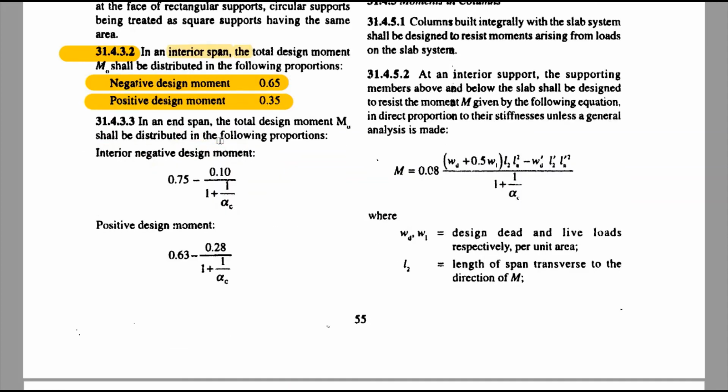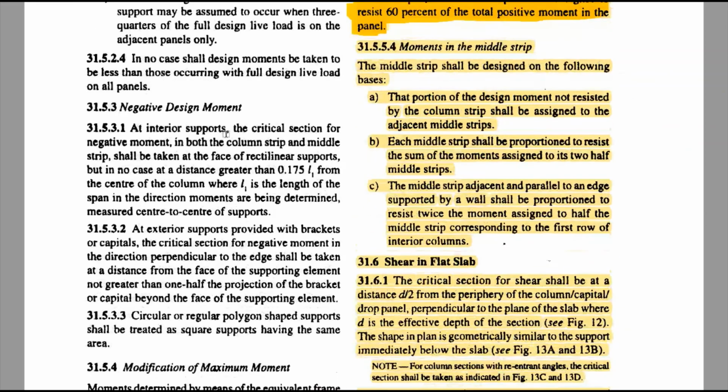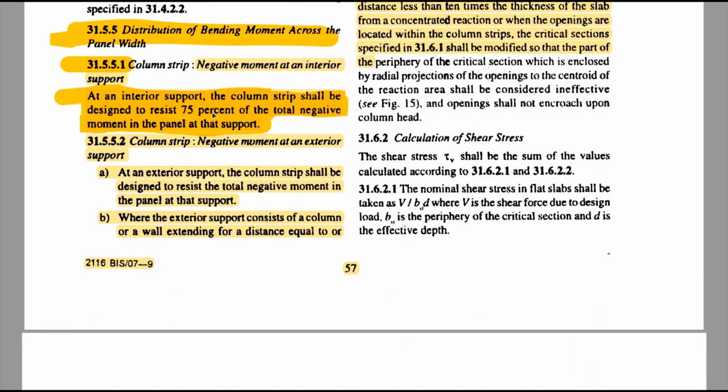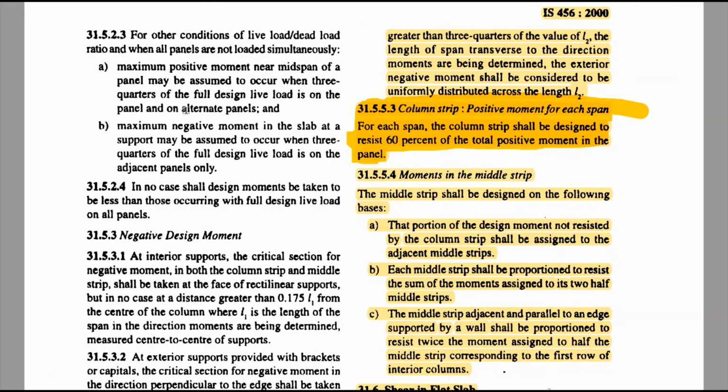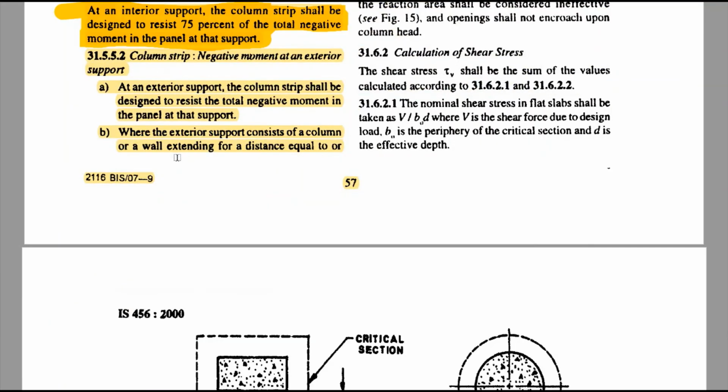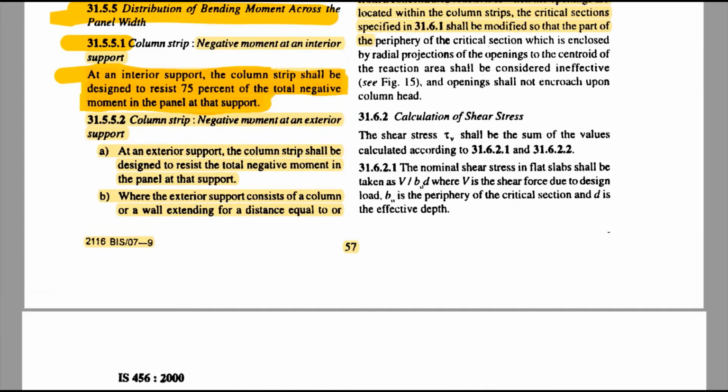So on the column strip this is 65 to 75% on the interior support, and as well on the column strip the positive moment is 60%, right? Let's calculate this. Just remember this from IS 456 page numbers 57 and 55. We have two clauses there, right?